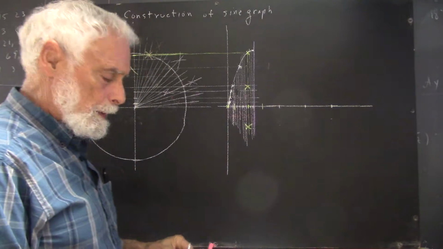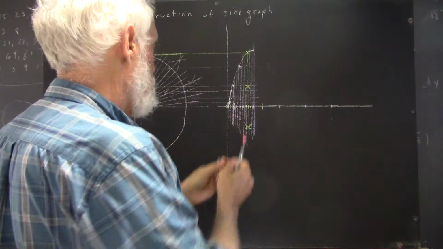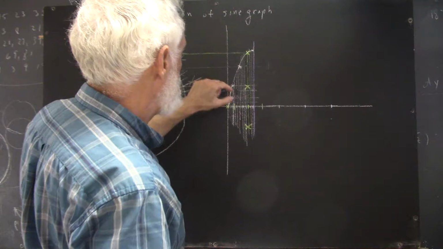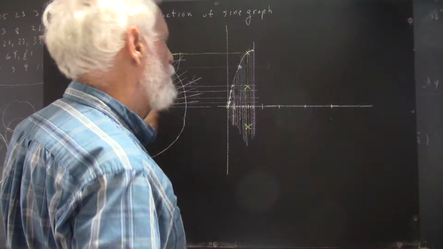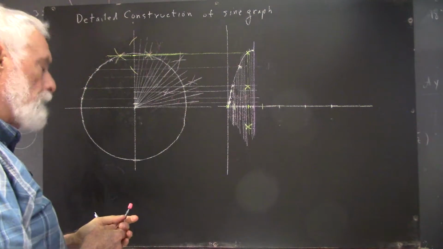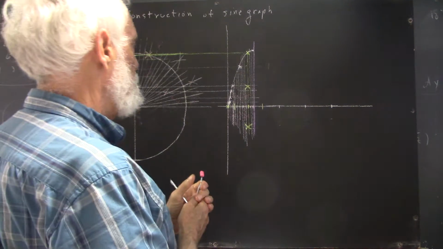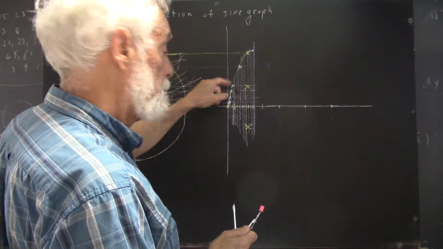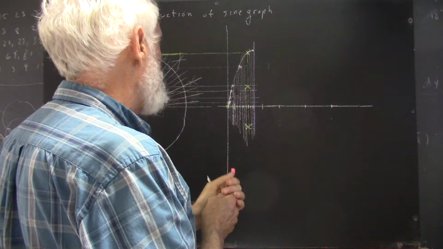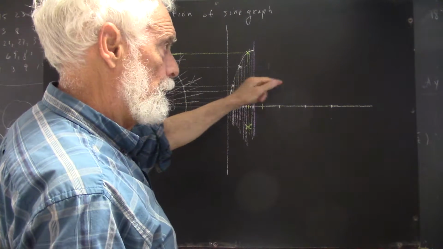My compass won't stretch that far, but we could mark, okay, well, not then, as an alternative. And let me illustrate it with this point. Okay. We don't even need to use this projection line.